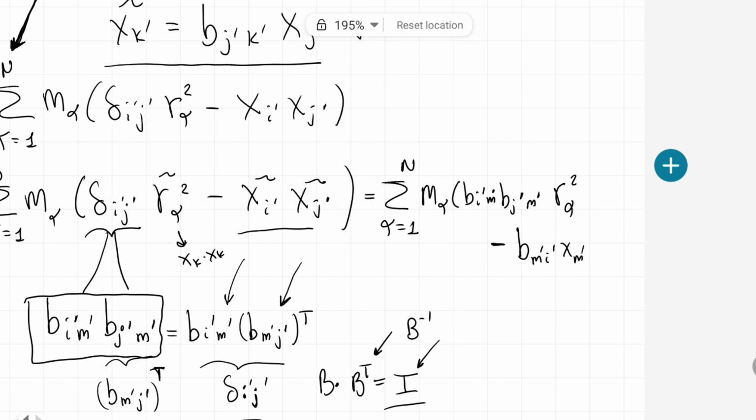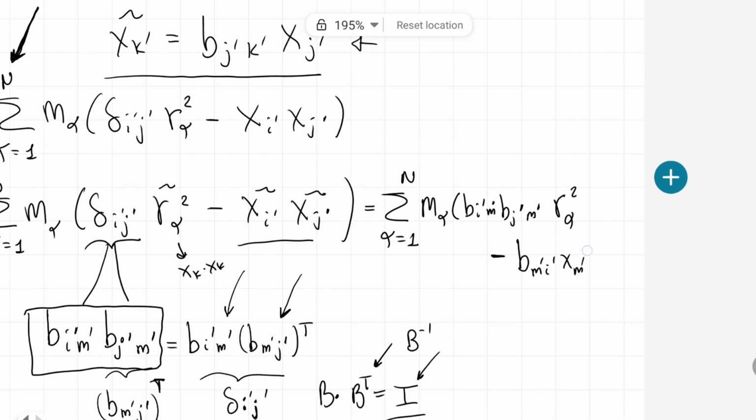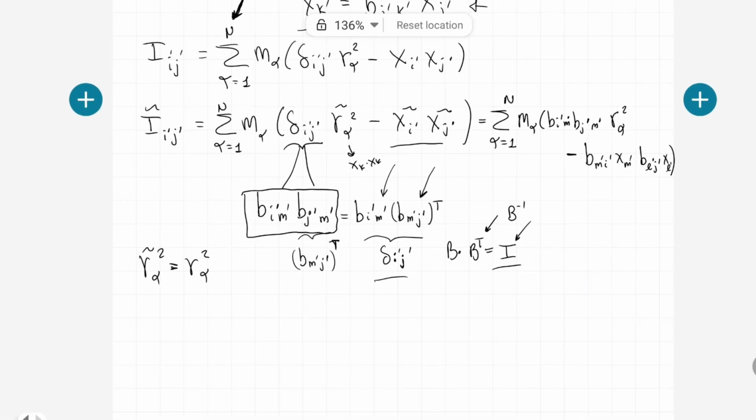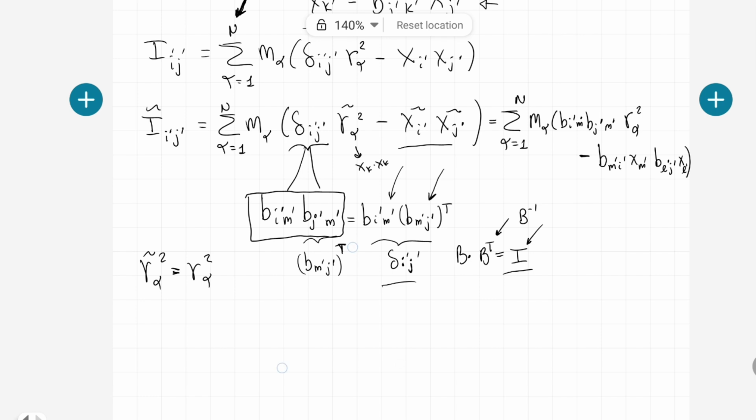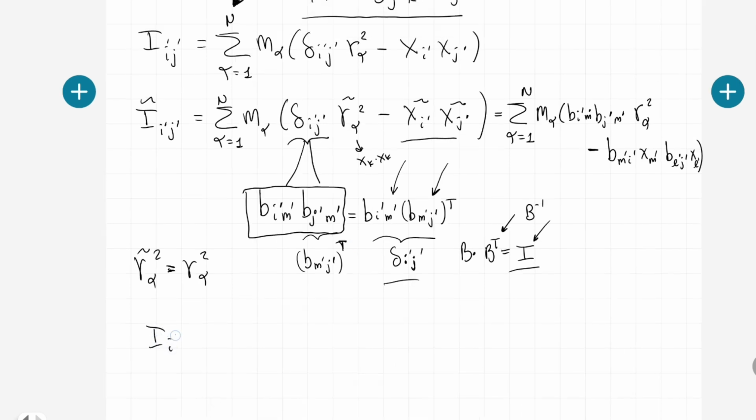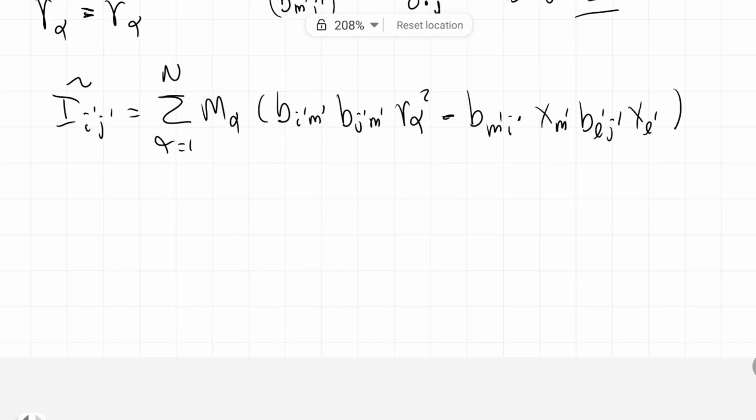Here we get x j prime, that can be written as b times, let's say, l prime j prime x l prime, like this. So let me rewrite the inertia tensor tilde here.